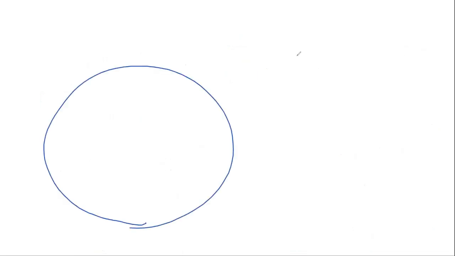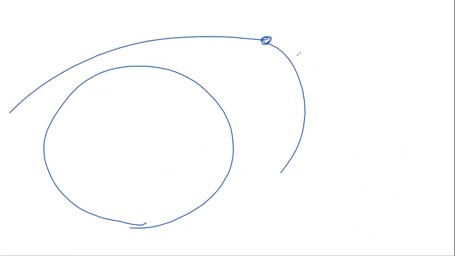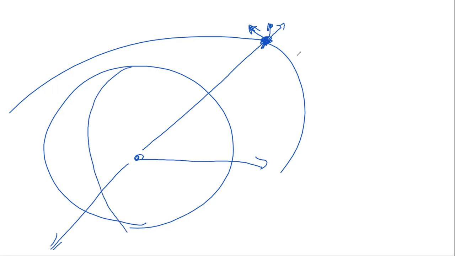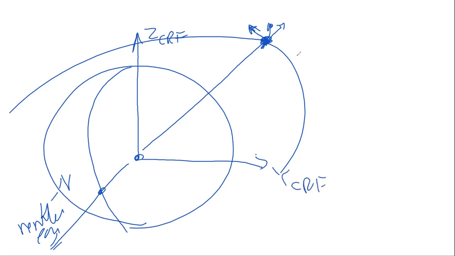If this is the Earth and this is the satellite moving around the Earth here, the acceleration in the local frame is like that at satellite level, and this point has a coordinate in the inertial frame, which is Z CRF, celestial frame, and here is gamma, vernal equinox, and Y CRF, which is right-handed.